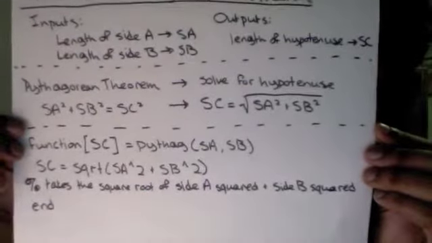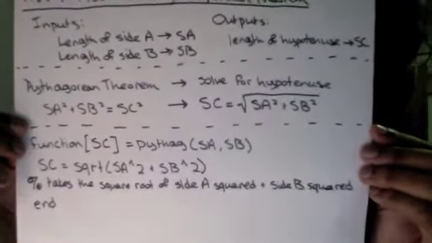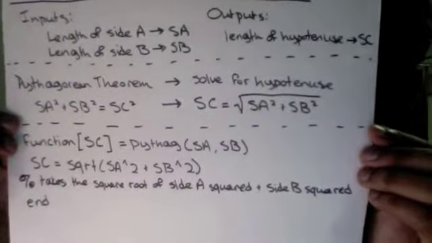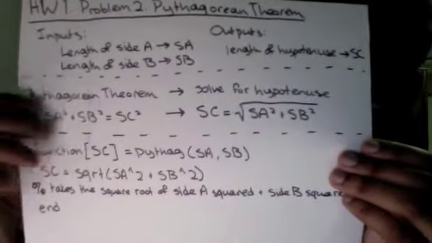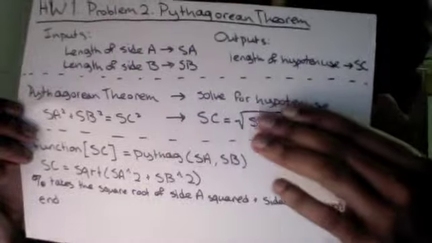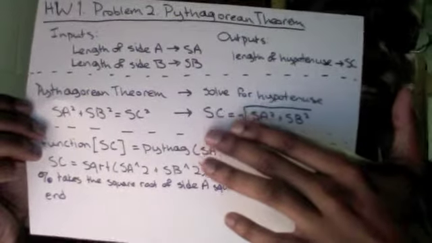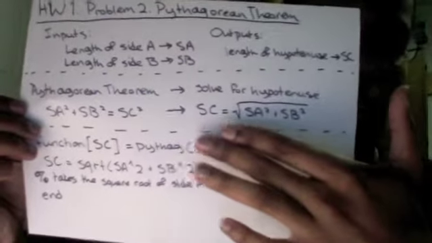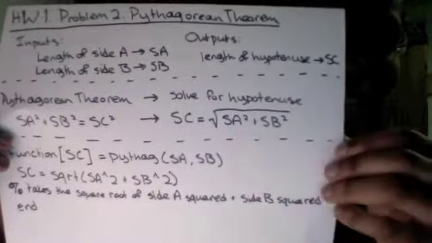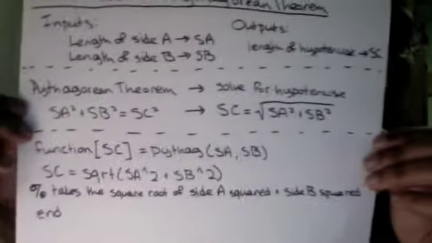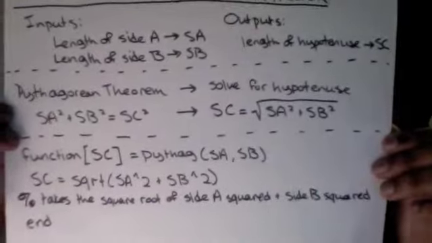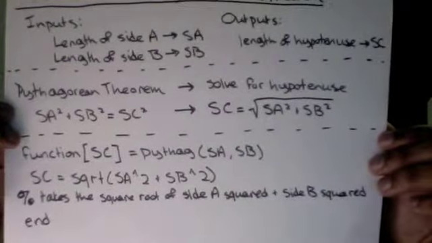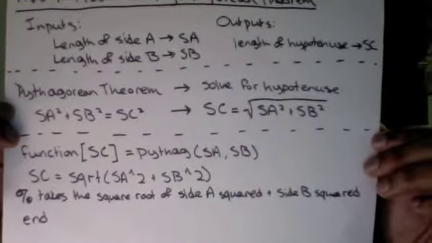An important note is what the actual Pythagorean theorem is. In order to solve for the hypotenuse, side C, or SC, is the variable name I gave, and if you solve for the hypotenuse in the original Pythagorean theorem equation, you would get SC equals square root of SA squared plus SB squared.